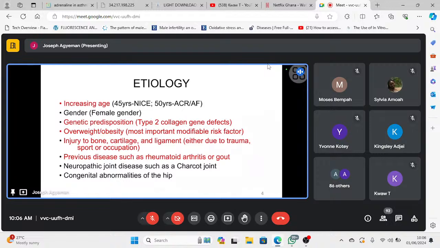If you are obese, your knees and your hips have to carry a lot of load, so you'll be putting too much pressure on them. Overweight or obesity becomes worse when you are even morbidly obese. These are very, very serious risk factors.